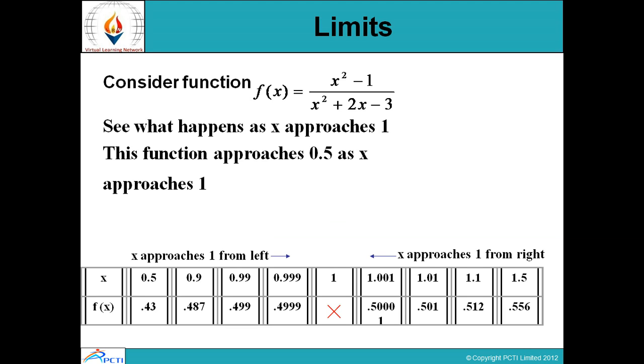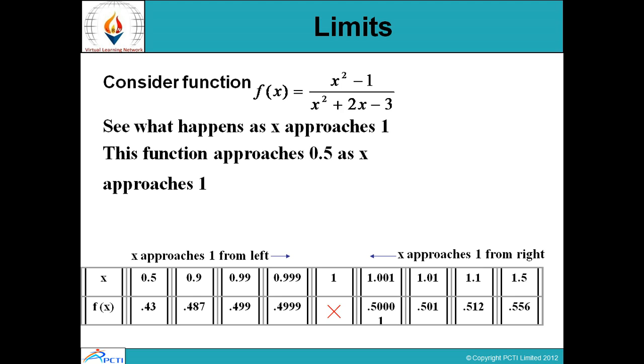Consider the function x square minus 1 divided by x square plus 2x minus 3. See what happens as x approaches 1. This function approaches 0.5 as x approaches 1, as given in the tables. At 0.5, the value of the function is 0.43.